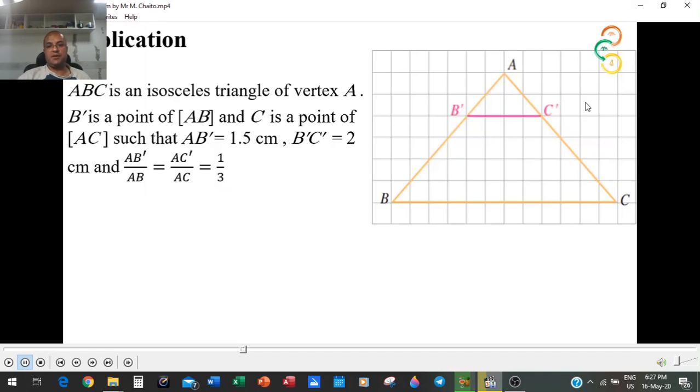ABC is an isosceles triangle of vertex A. B prime is a point of AB, and C prime is a point of AC, such that AB prime equals 1.5 centimeters and B prime C prime equals 2 centimeters, and we have AB prime over AB equals AC prime over AC equals 1 over 3. Calculate AC prime, BC, and AB.